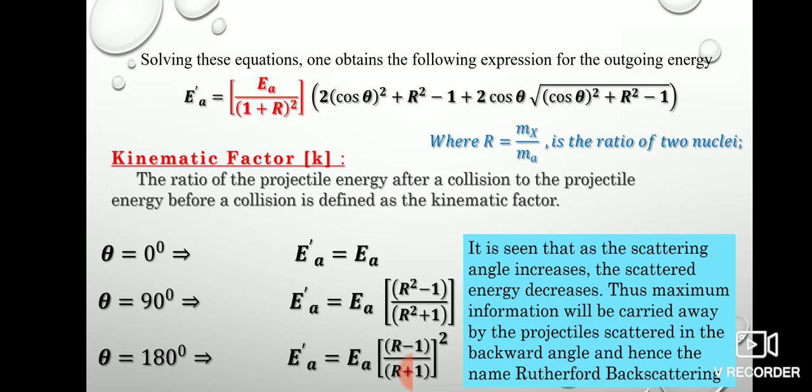So backscattered particles contain maximum information because they interact with the sample with high probability. So we will be analyzing the energy spectra of the backscattered particles, which will yield information about the stoichiometry and surface properties of the sample.